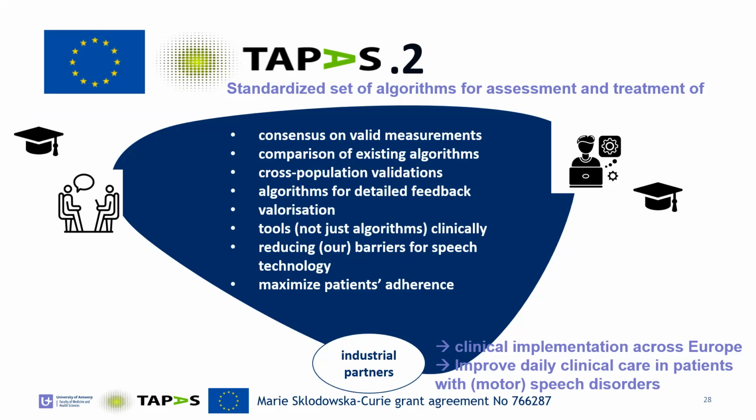We probably have to compare the algorithms with each other for that. We need cross-population validations. We do need algorithms for detailed feedback. And what is also important, I think, is immediate feedback. It's not on my slide, but it's important for our patients: they do an exercise and they want to know immediately how well they did it.